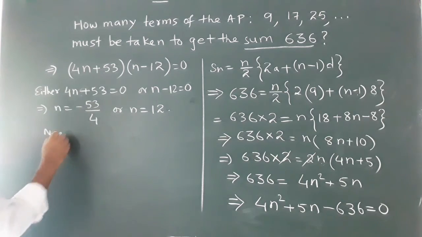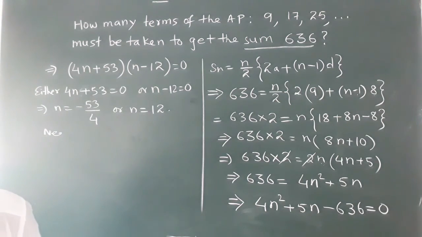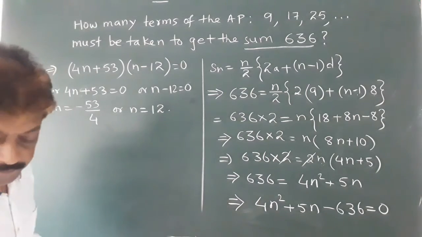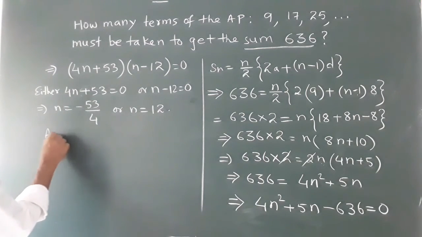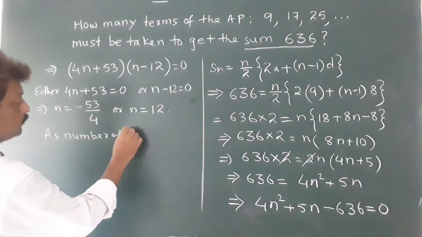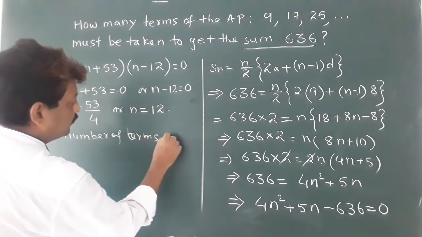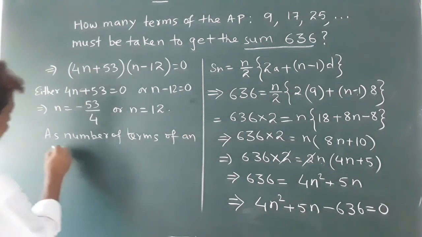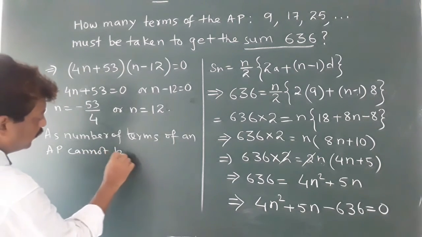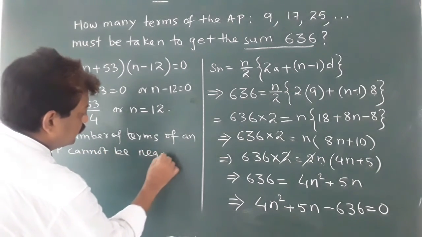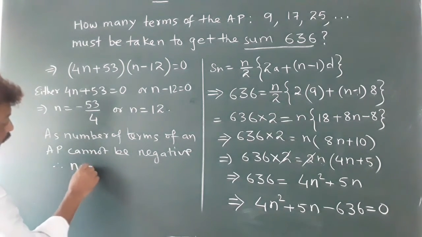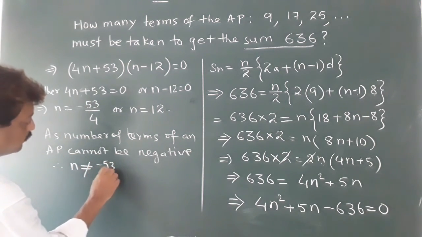So neglecting, as the number of terms of an AP cannot be negative, therefore n is not equal to minus 53 by 4.